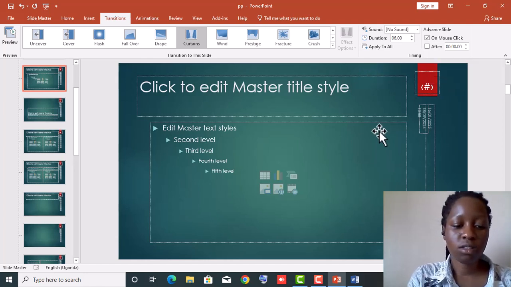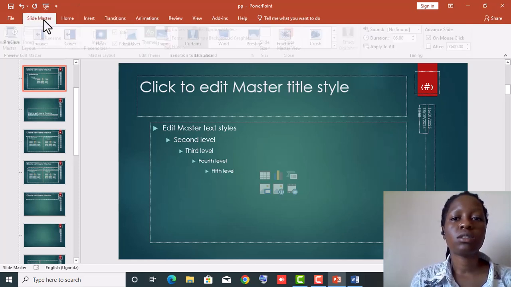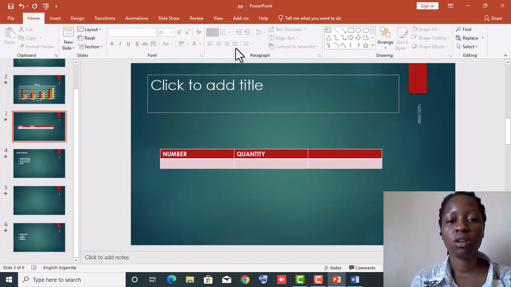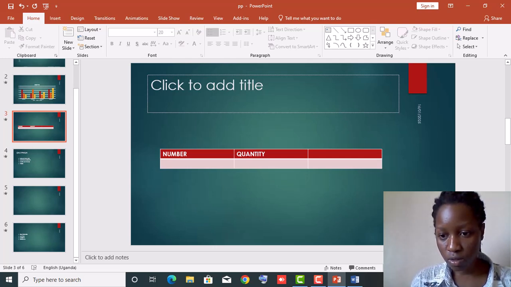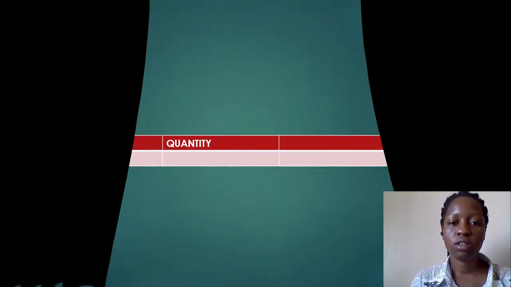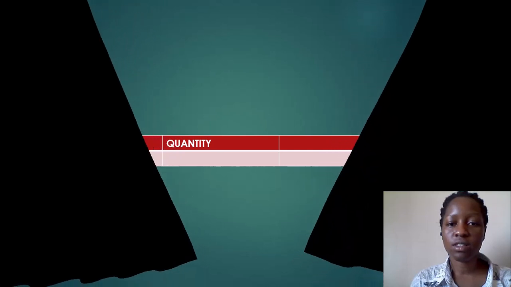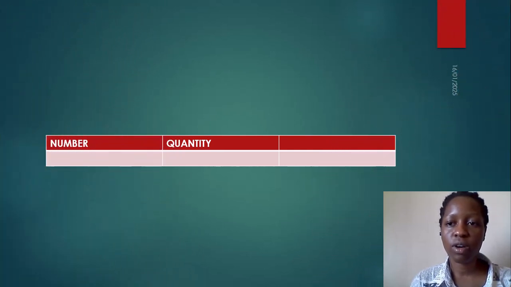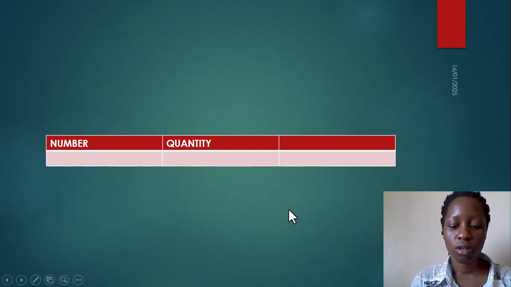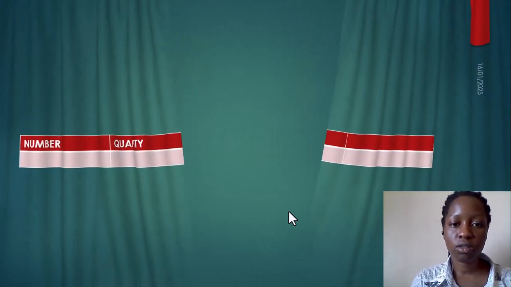Let's say that slide master, close. So we go to show. This one is going to show your slides. See, that's the first slide that I was on before I went to show, and when I click it will open again. This is what we call on mouse click.